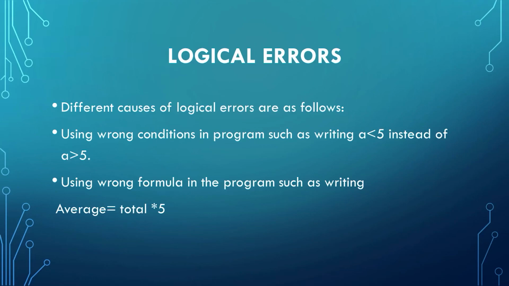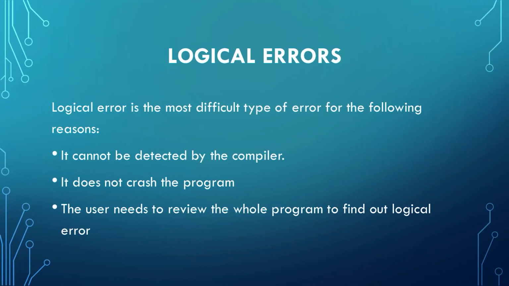Now if I accidentally multiply it by 5, it would produce a wrong result, and yet the compiler or translator will be unable to detect such an error. Now, logical errors, as I am telling you again and again, are the difficult type of errors. Number one, they cannot be detected by the compiler. Number two, they do not crash the program.